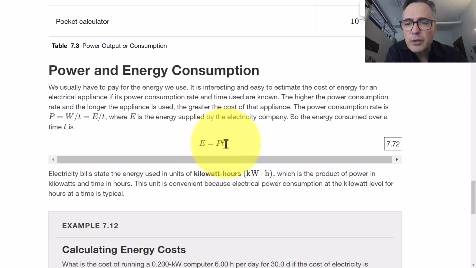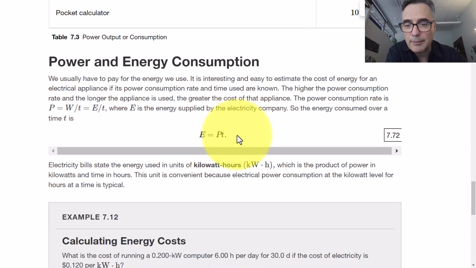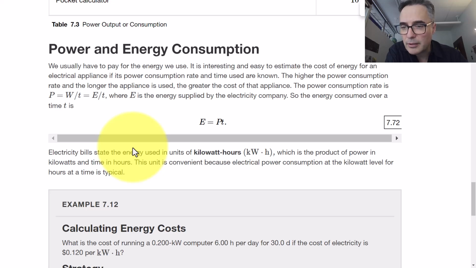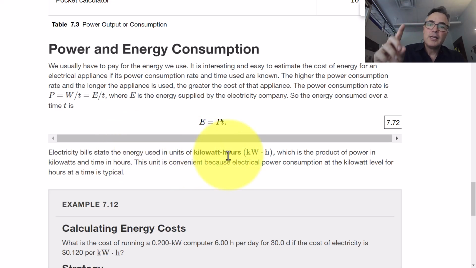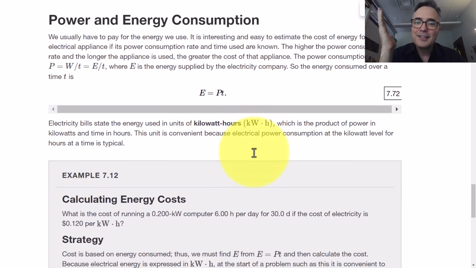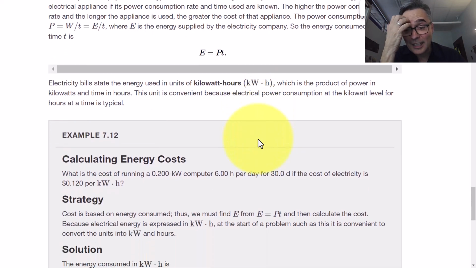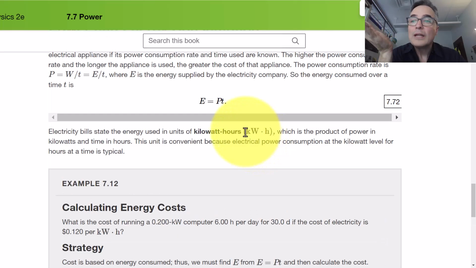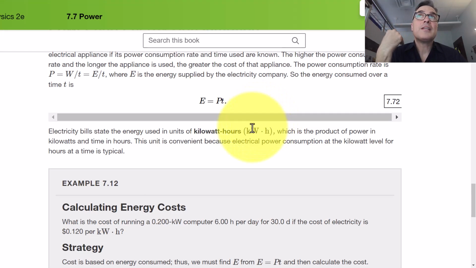So you can rearrange the equation for power to solve for energy. Energy is power times time. And electricity bills are actually measured not in joules, which you'd think you'd pay for. Turns out you pay for the kilowatt hour, which is a number of joules. 1 kilowatt hour is the amount of energy used if you're using a power of 1 kilowatt over 1 hour of time.